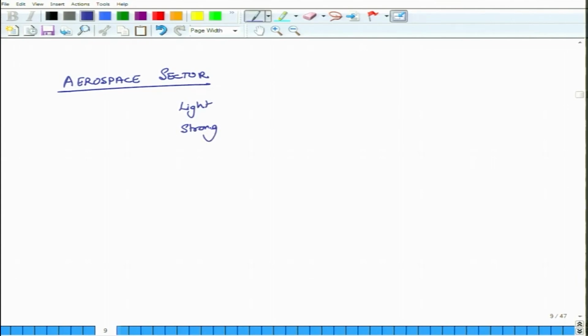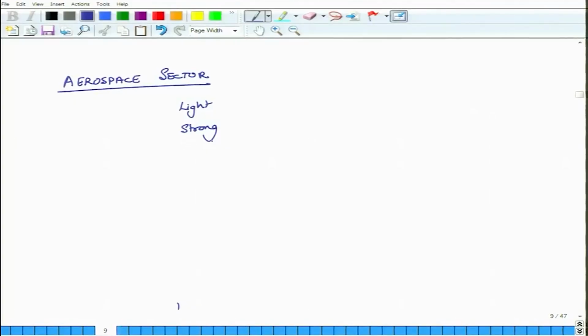And light is really important in the aerospace sector, because every kilogram you reduce the weight of a flying object, things become easier for you in terms of design and reliability and everything, cost. A lot of times in aerospace you use these to provide temperature resistance.